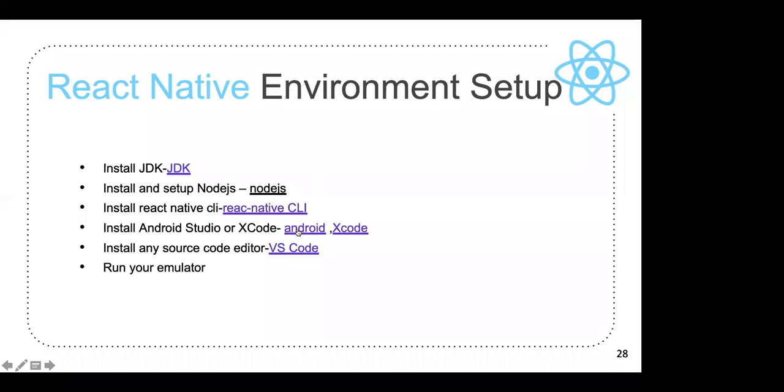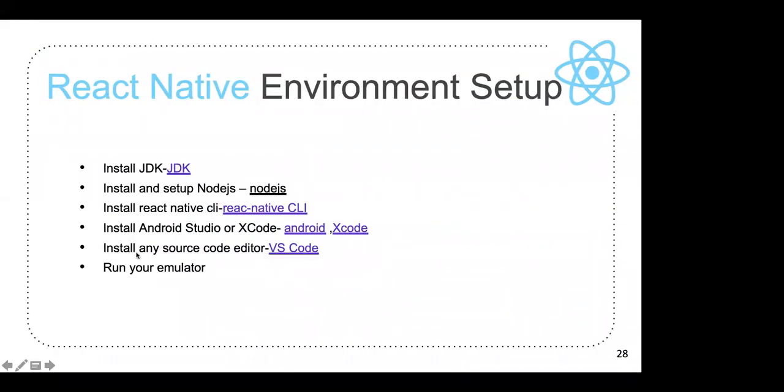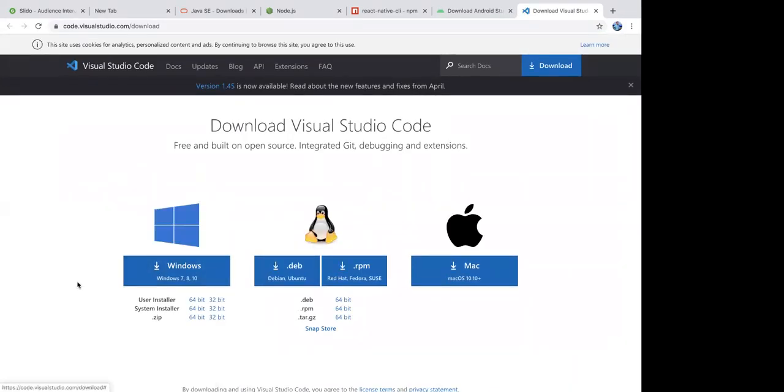You can go to the Android developers website, click this Android Studio, and get the exe file. Then, I think some of you may not be aware of source code editors. In my case, I'm using VS Code, and you can download VS Code for your machine as well.